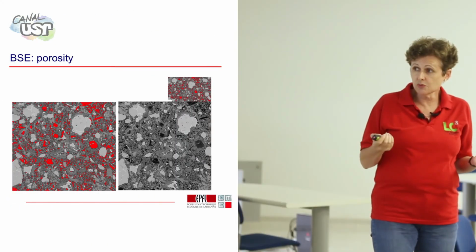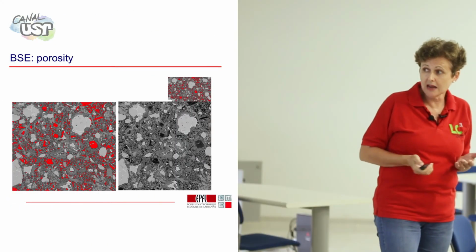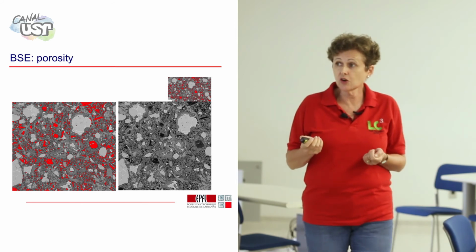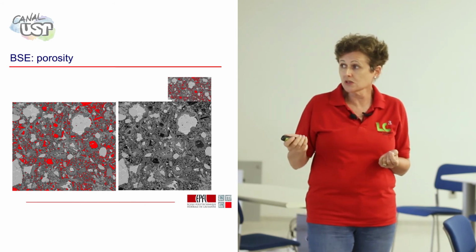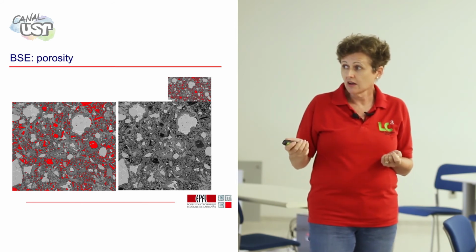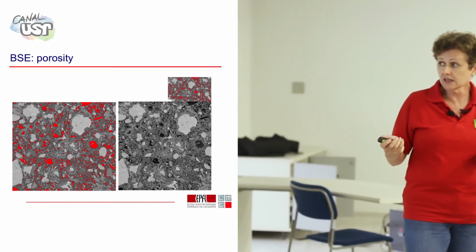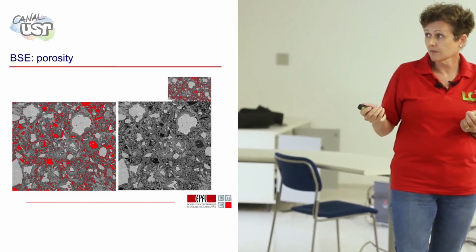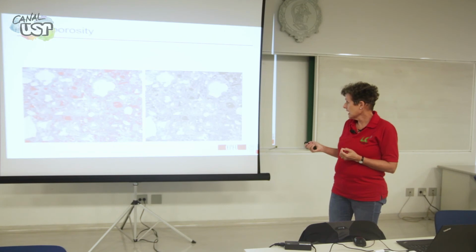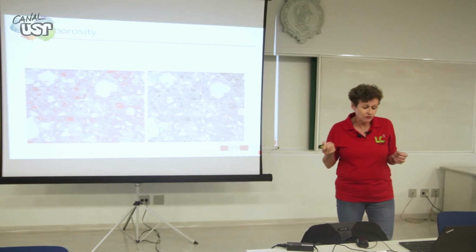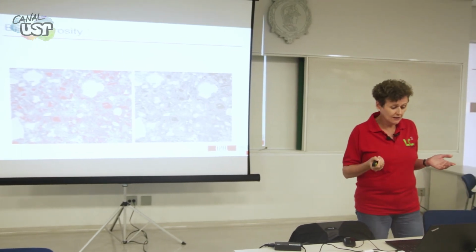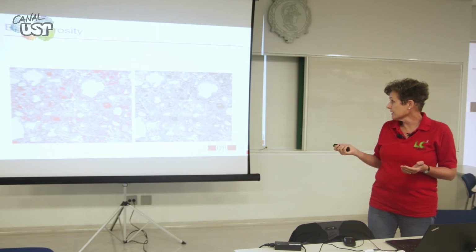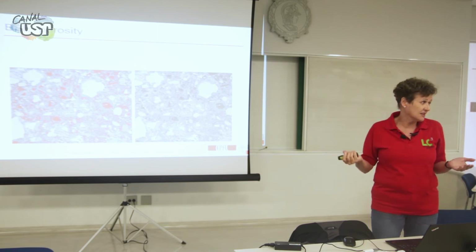So as I say, we've imaged the porosity, and what's interesting, you see that an awful lot of these larger pores are actually these hollows that are inside these hydrated grains. And if you think from the point of view of durability, these are large pores, but they can only be accessed through this CSH.